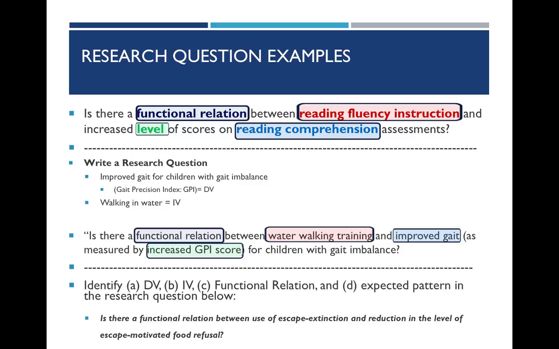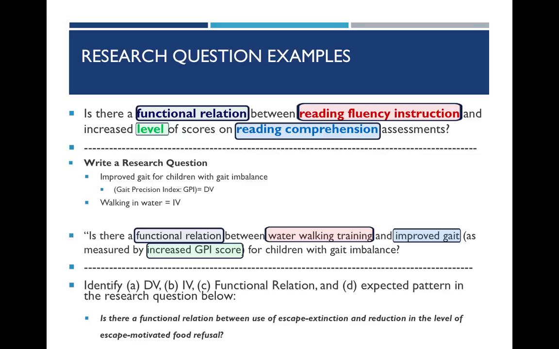Is there a functional relation between use of escape extinction and reduction in the level of escape-motivated food refusal? This is a study that many people who work with children with severe disabilities and applied behavior analysis will recognize. Food refusal is the behavior of not eating.